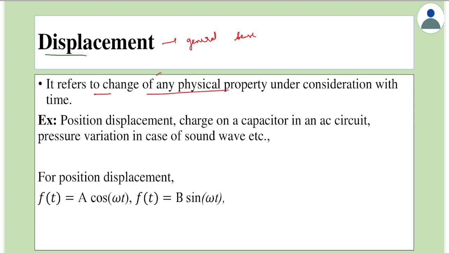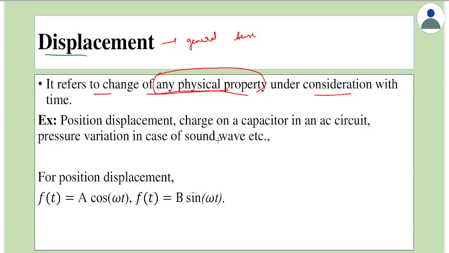Keep in mind that it is any physical property, which need not only mean distance. So it refers to the change of any physical property under consideration with time. That physical property which we are considering should change with time.